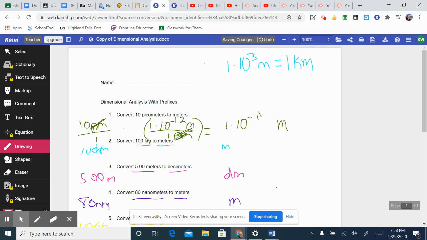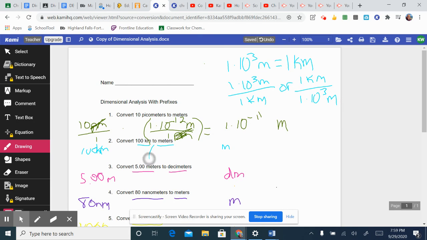And again, you can write it two different ways, where you have 1 times 10 to the third meters on top and 1 kilometer on bottom. Or you can write it with 1 kilometer on top and 1 times 10 to the third meters on bottom.